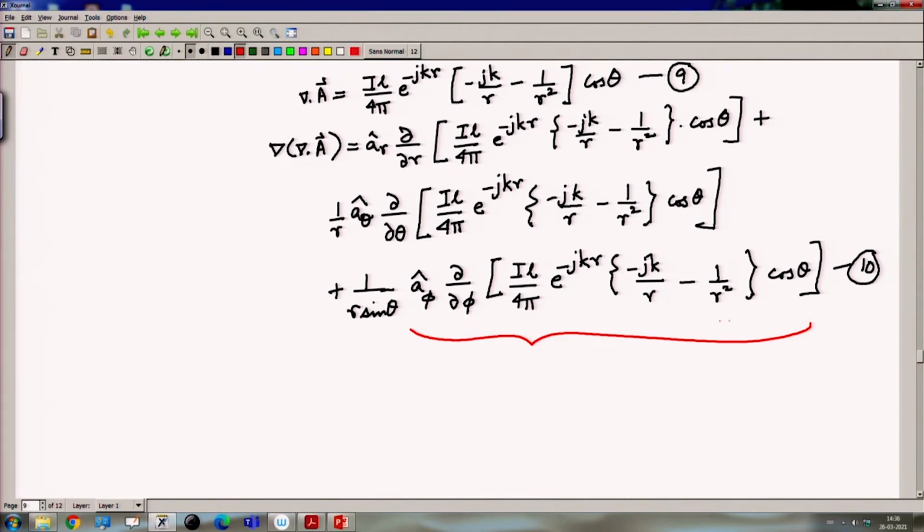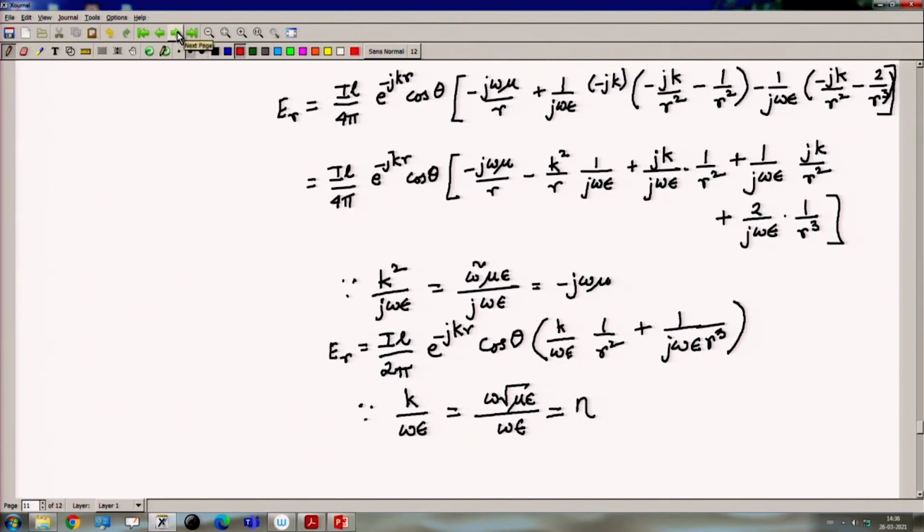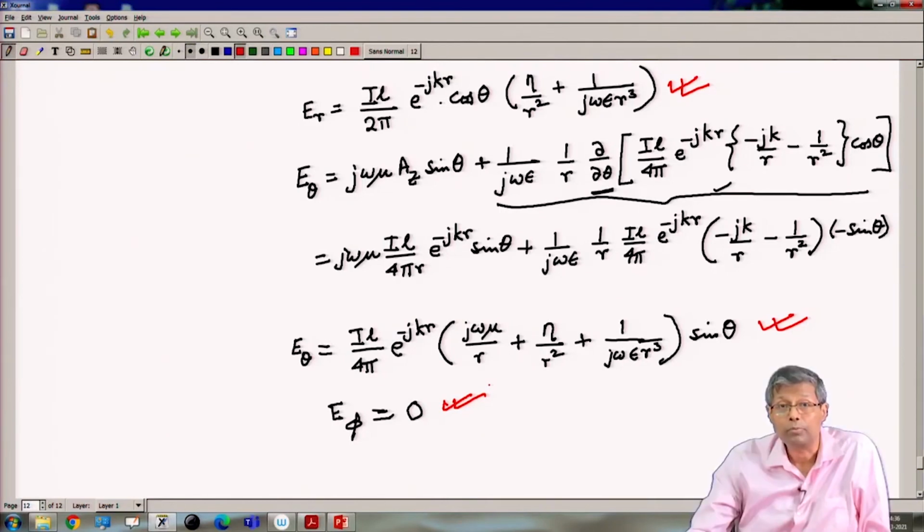So, this term has no phi component. So, therefore, the phi component of grad of divergence of A is 0, and therefore, E phi becomes equal to 0. So, this completes the derivation of the 3 electric field components radiated by the point current source.